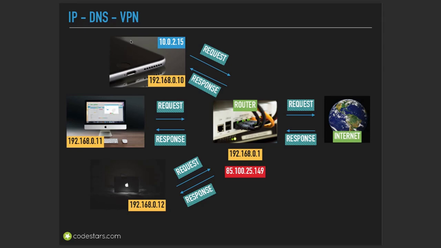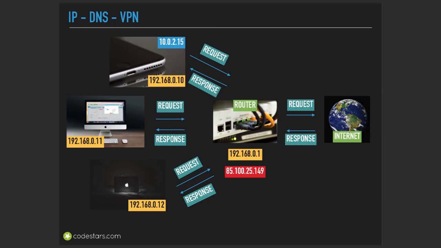So this device has some local IP like 192.168.0.10, and this IP is assigned to that device by the router actually. As you can see, every device has its own local IP.